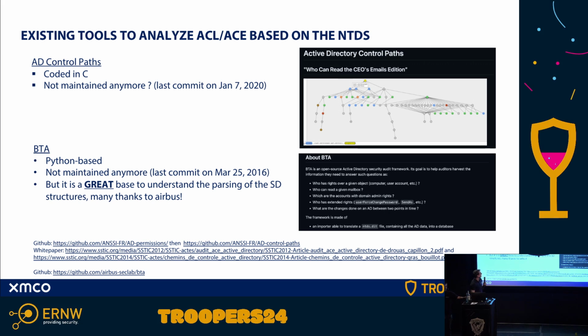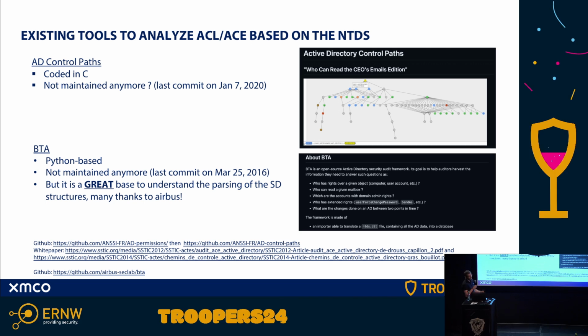So for now we were mostly focusing on the data table and what kind of interesting findings we have when we look at the configuration of users, machines, systems, and so on. But the ACL topic is very trendy, and we wanted to add that to our tooling. So first, we started by looking at what was already done in the past. Mostly these two projects, also made by French people, so yay: ADContrib and BTA.